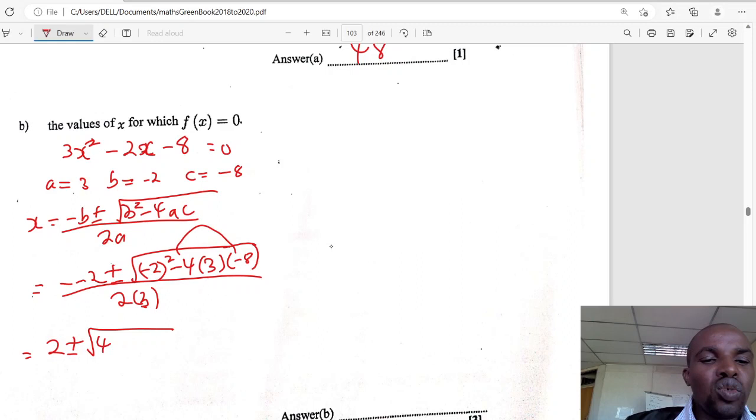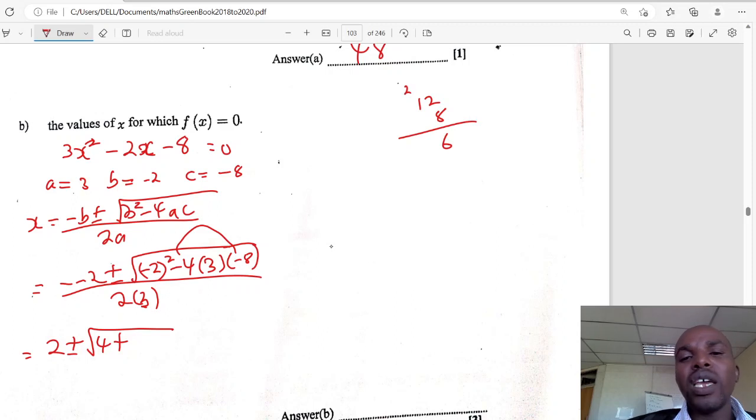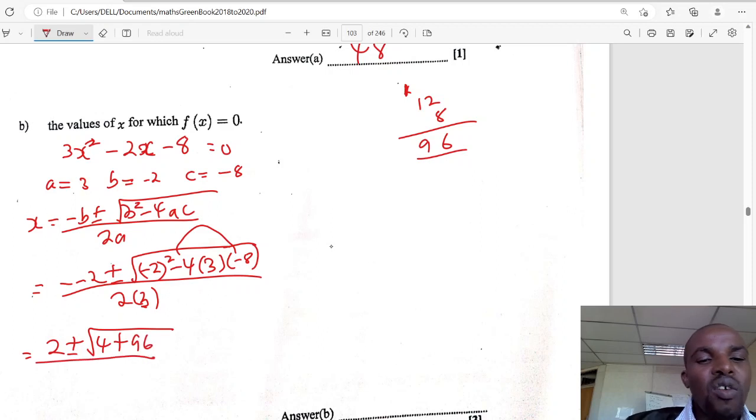Minus these two will give you a plus. 4 times 3 is 12. 12 times 8 is 96. So it's 96 over 2 times 3, which is 6. So it will be 2 plus or minus the root of 100 over 6.